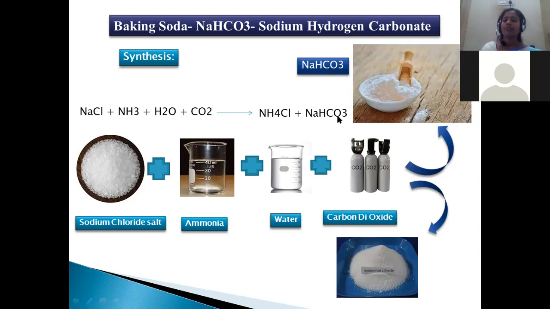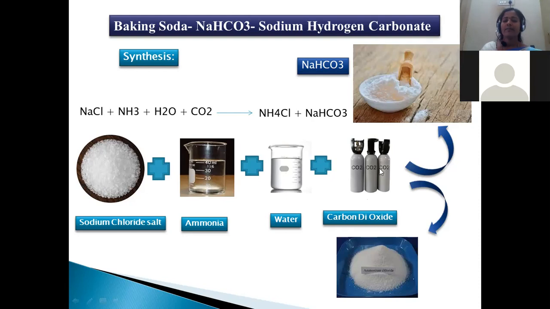What are the ingredients required for sodium hydrogen carbonate? One is table salt, that is sodium chloride, added with ammonia solution, and one more component is water. Another is carbon dioxide gas. All are added in the equimolar ratio, meaning 1 mole of sodium chloride, 1 mole of ammonia, 1 mole of water, and 1 mole of carbon dioxide are mixed.